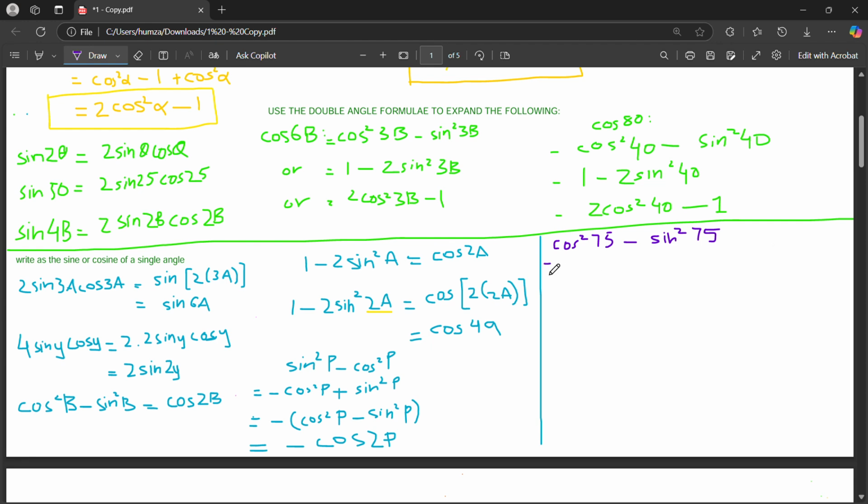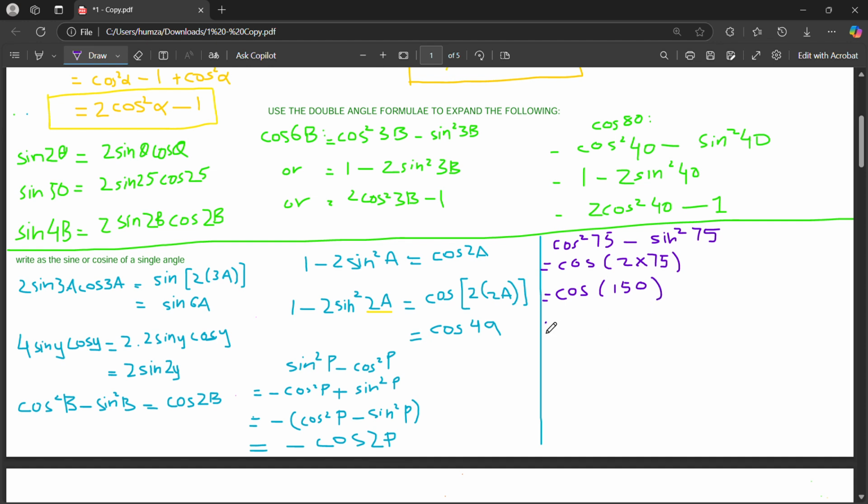So the first step here is to say that this is cos 2 times 75, right? Remember the double angle, cos 2a or cos 2 alpha, is equal to, then we have different types. So cos 2 times 75 is equal to your cos 150.